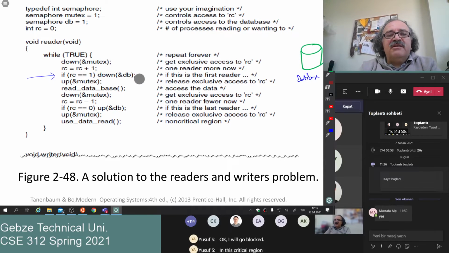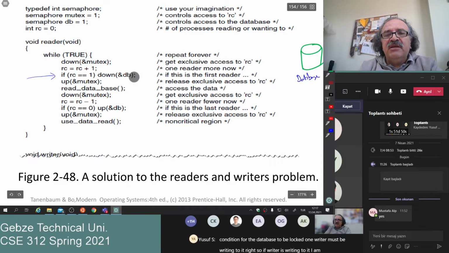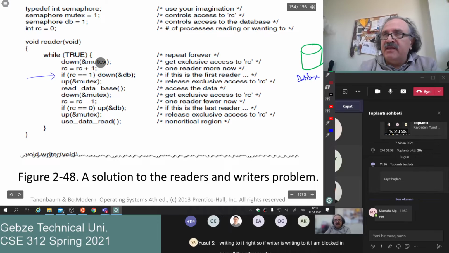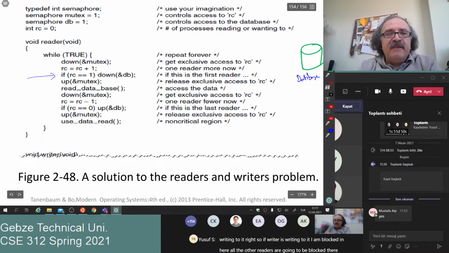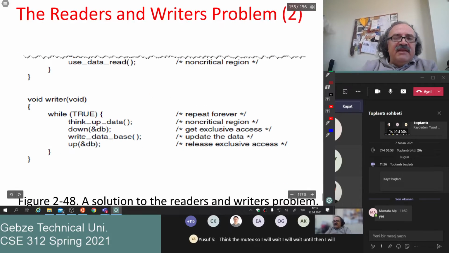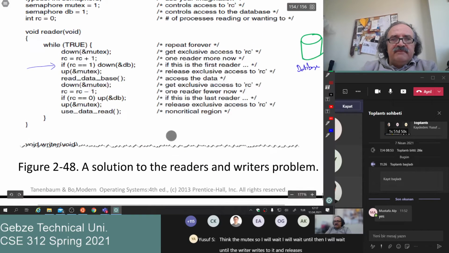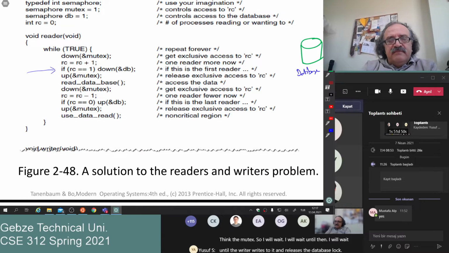So nobody can enter the critical region, but this critical region is for readers only. What is the only condition for a database to be locked? One writer must be writing to it, right? So if a writer is writing to it, I am blocked in here. All the other readers are going to be blocked there because I am holding the mutex. I will wait until the writer writes to it and releases the database lock.